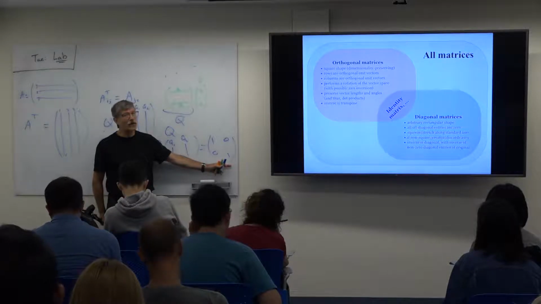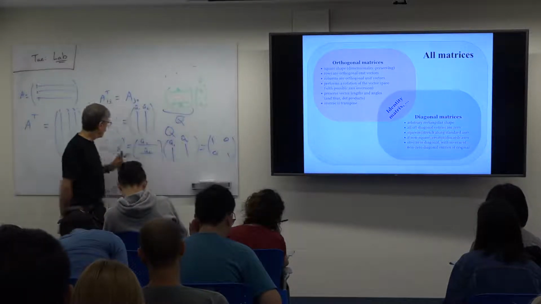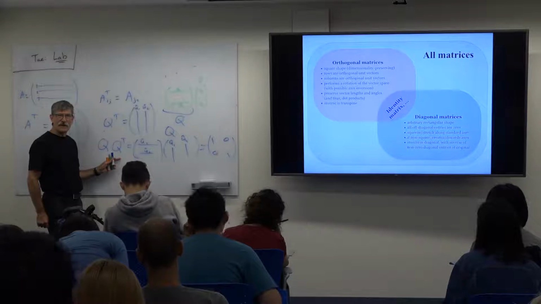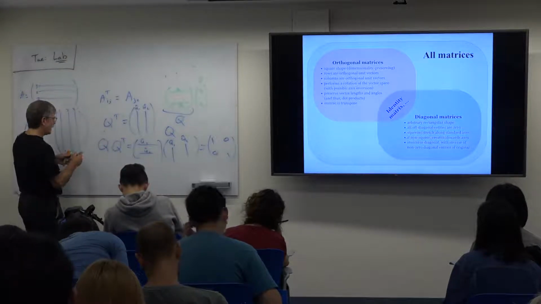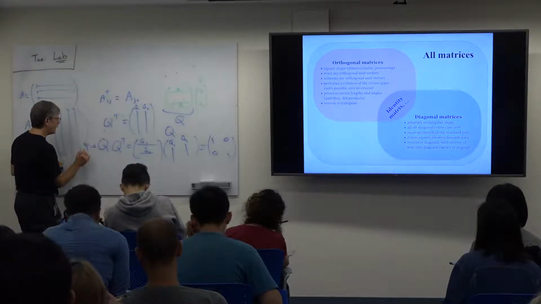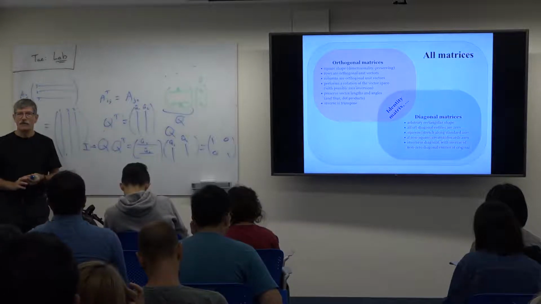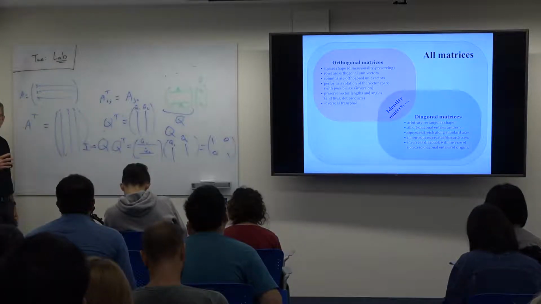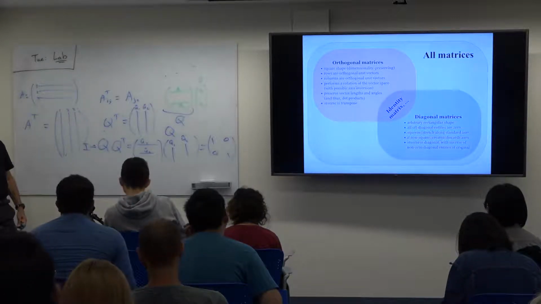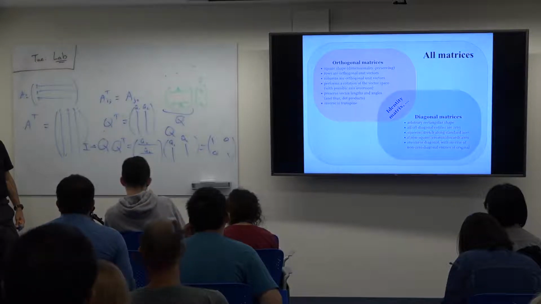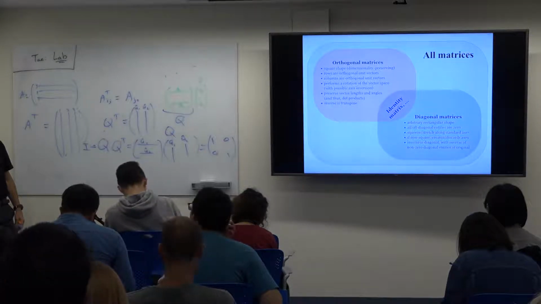It leaves you with what you started with. So Q times Q transpose, we've already said, is the identity, which means whatever Q transpose did, Q does the opposite, leaving you back where you started.